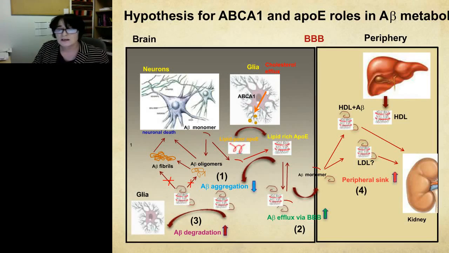On this slide, I'm showing what is our hypothesis for the roles of ABCA1 and APOE on A-beta metabolism. As I mentioned at the beginning, A-beta is secreted as monomer by the neurons. It can form oligomers, and they eventually could convert to A-beta fibrils, and they can form plaques.